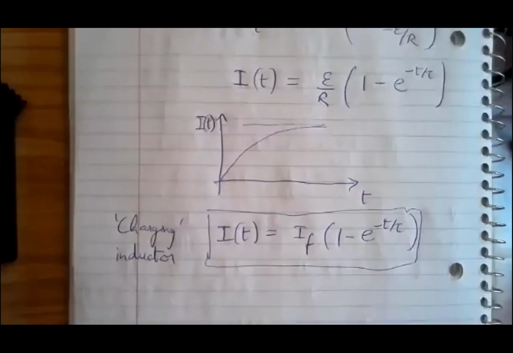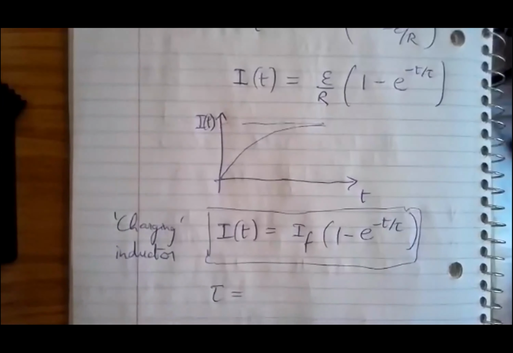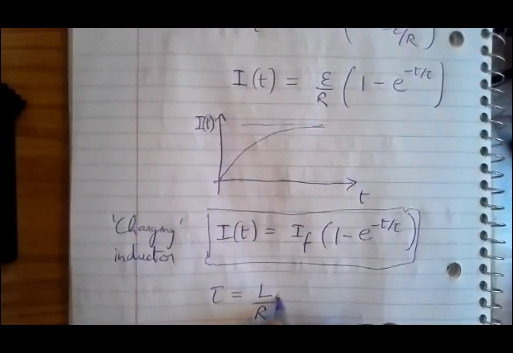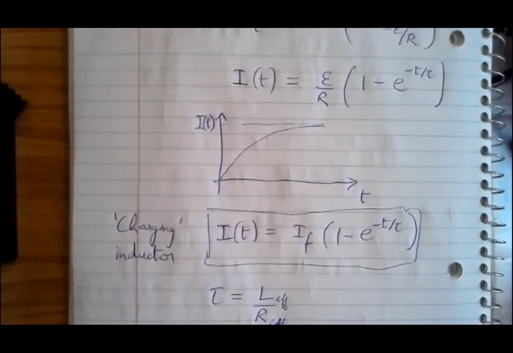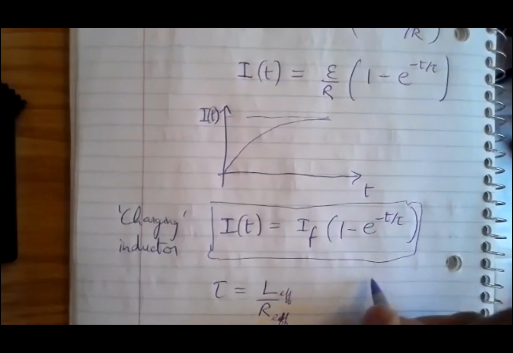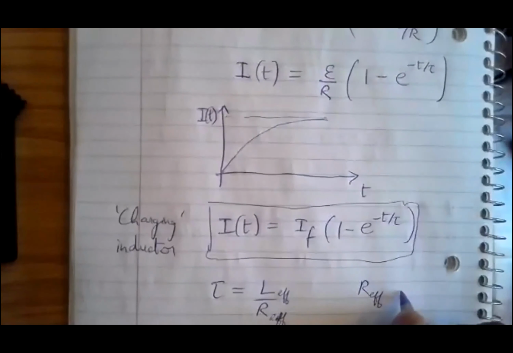So then, what would be your general term for tau? So tau, we said, was L over R. So this would be basically L effective over R effective, as seen by the inductor. Let me clarify that.